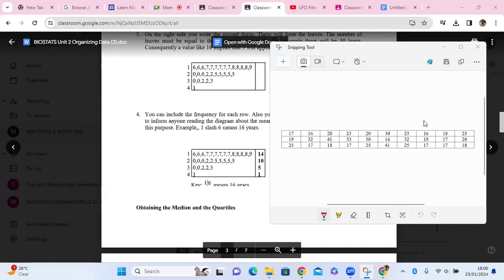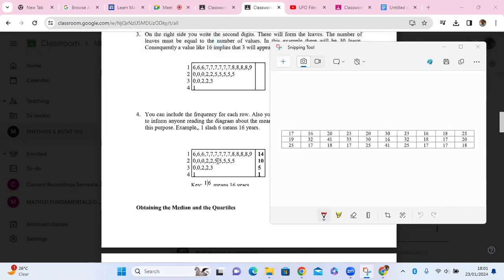As you can see, these are the values here. They are disorganized, although they are in a table, they are scattered all over the place. They are not in ascending, neither descending order. But if you take a look at how it is presented now in this stem and leaf, you have stems of 1. Remember, the stem is the first digit.